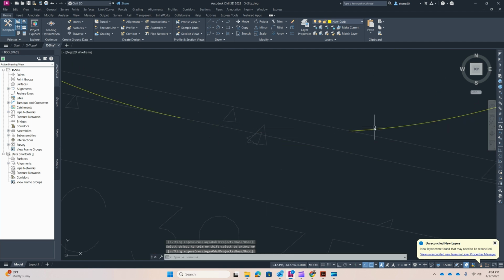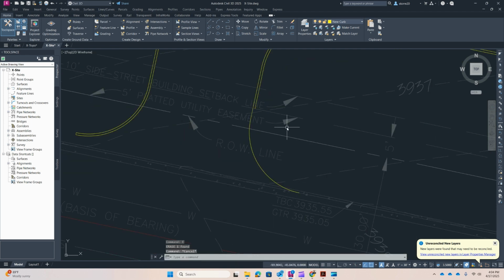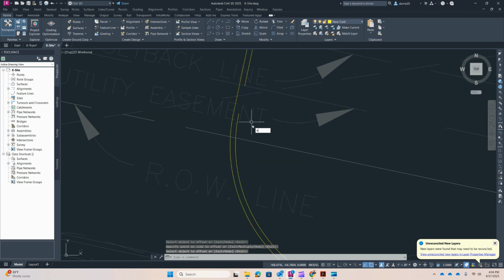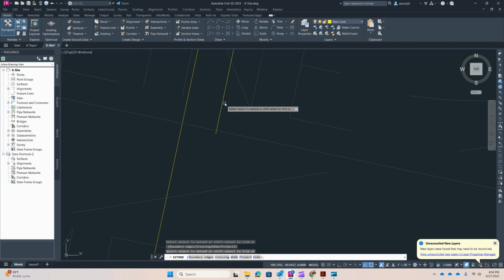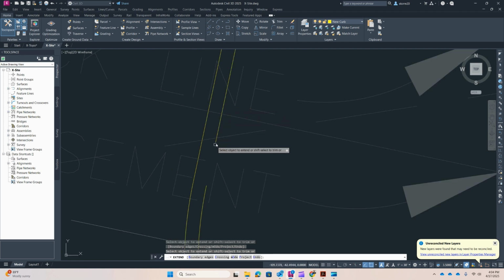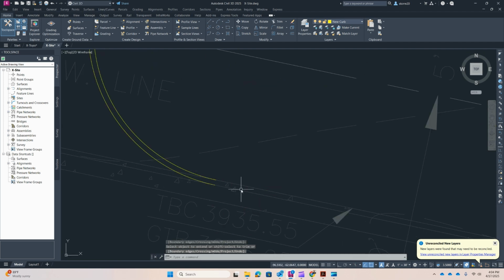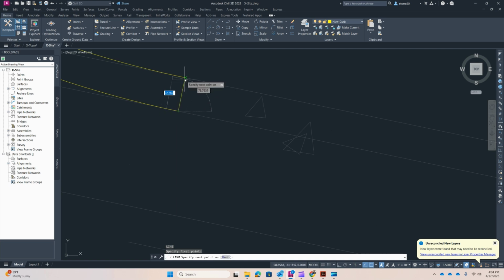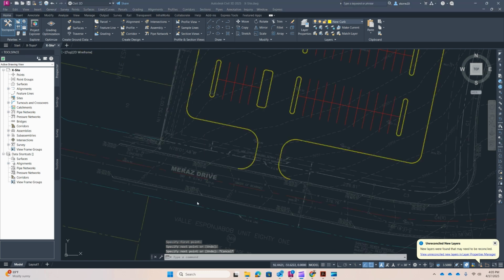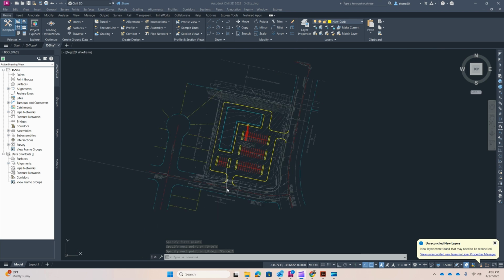Trim. Offset 0.5. Extend. And line. So I went ahead and fixed this one too, and there we go.